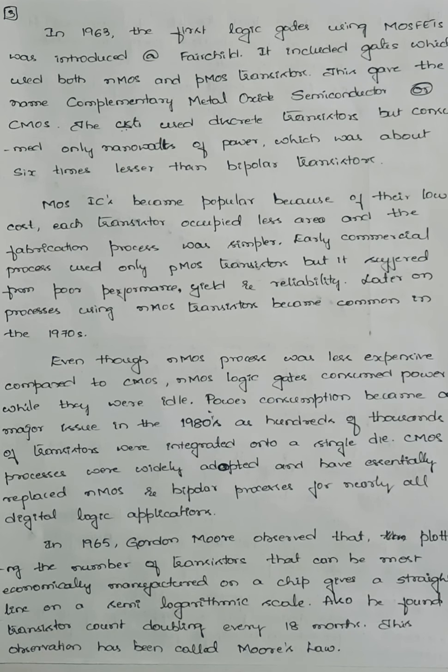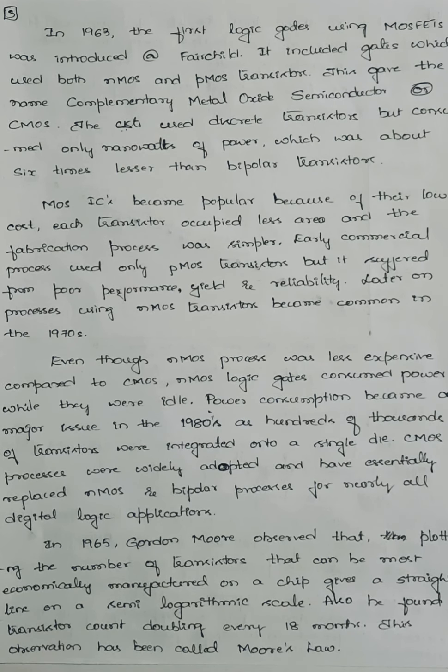The small scale integration, which we call SSI, has fewer than 10 components in every package. Logic gates like inverters, AND gates, OR gates, and so on are the products of SSI.